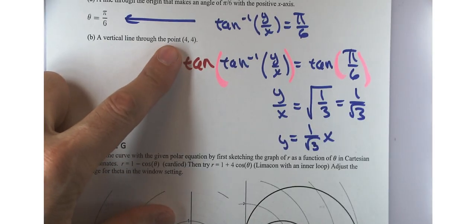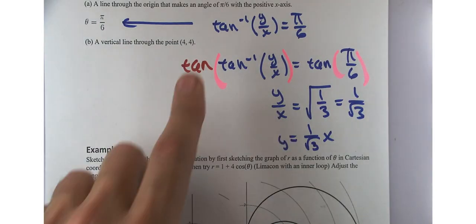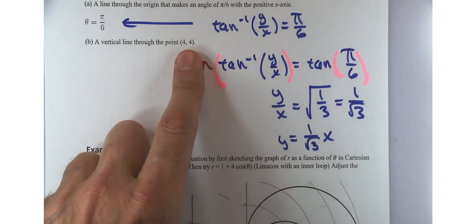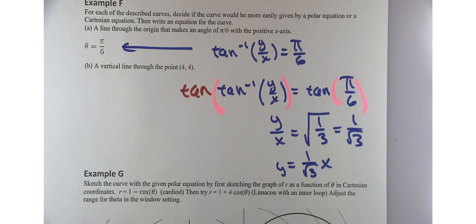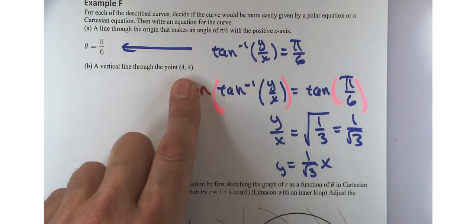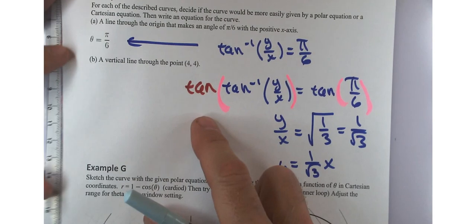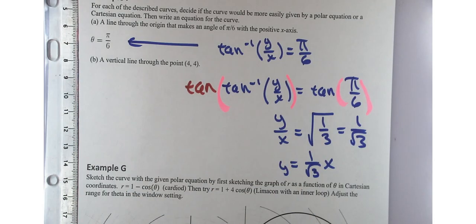Last but not least, we want a vertical line through this point. We can come up with that equation. We'll also take a look at it in polar coordinates as well. So if we've got a vertical line through the point 4, 4, let me just sketch a little graph here real quick.